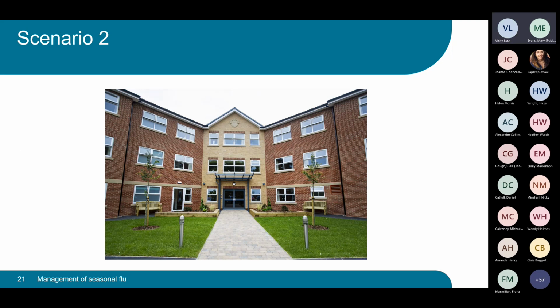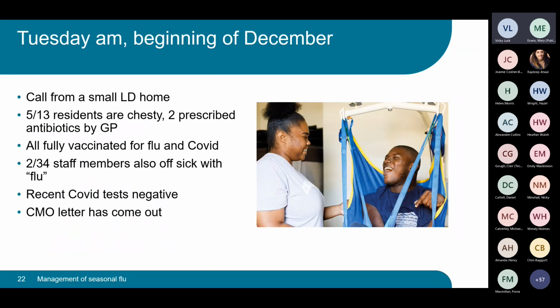So, just another scenario. This is a Tuesday morning, at the beginning of December. It's a small care home for individuals with learning disabilities. 5 out of the 13 residents are described as chesty. 2 have been prescribed antibiotics by the GP.